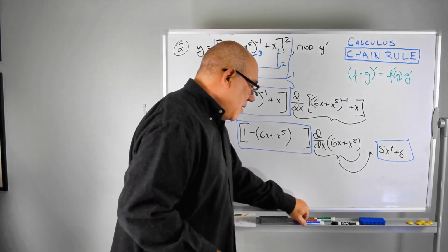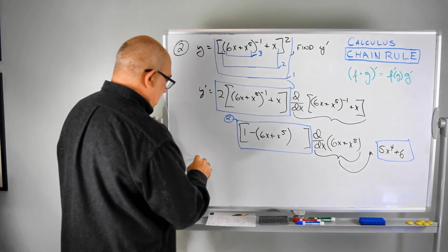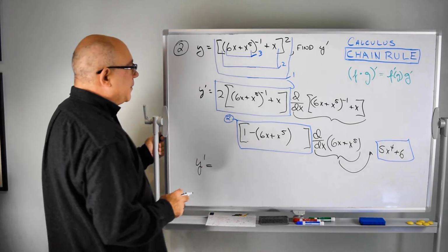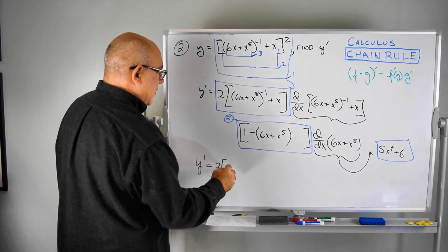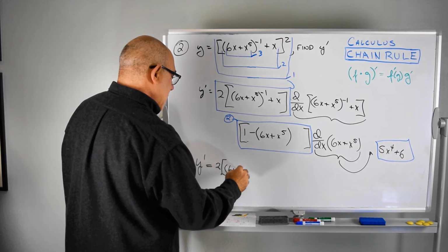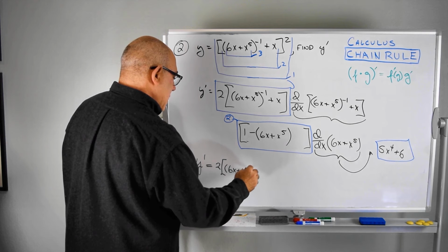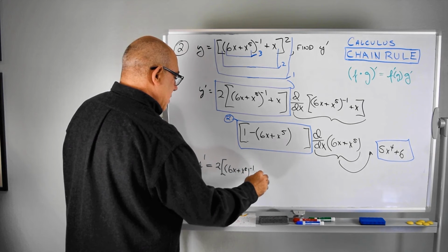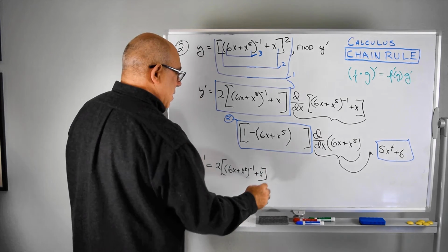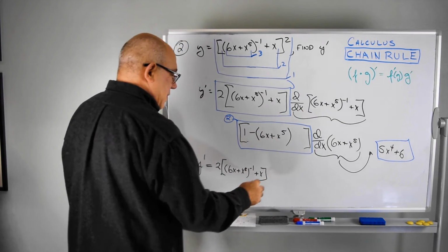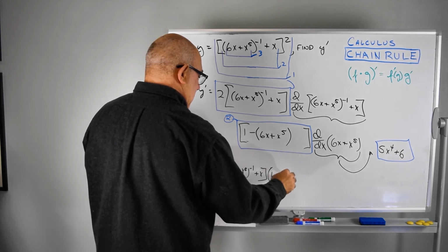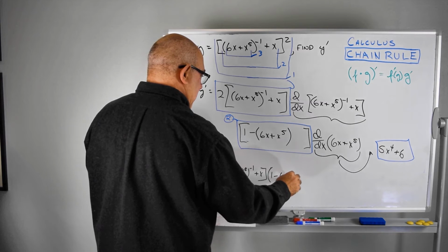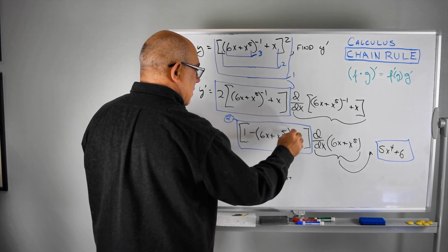So now we have y prime equals the first piece, 2 times the quantity 6x plus x to the 5th to the minus 1 plus x, times the second piece, which we can just write like this, 1 minus 6x plus, this is to the minus 2.